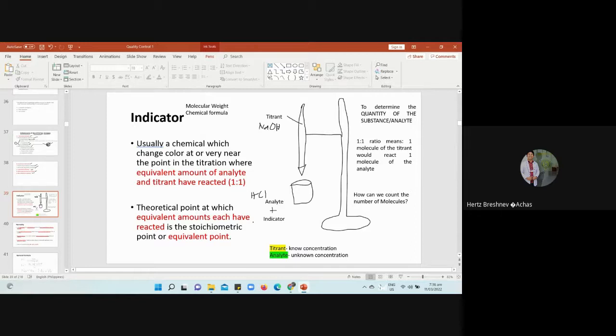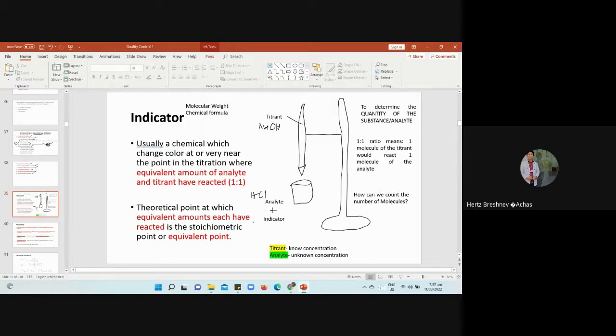And the indicator will change color if it detects that the amount coming from your titrant has already reacted equally. It will change color, and that is also a determining point that the titration must stop, at the end point already, because the amounts that reacted from the titrant and analyte are equal.